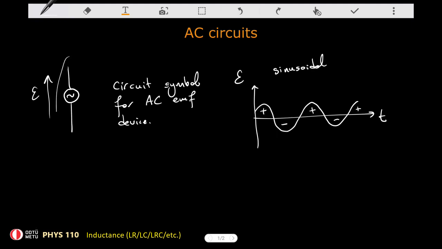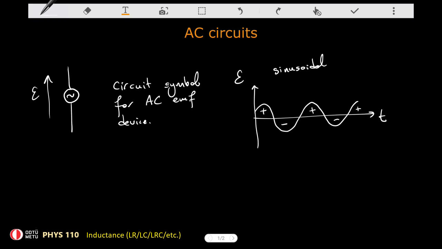That's our circuit symbol for the EMF device, an AC EMF device, of course. Now we are going to see what happens if I connect some circuit elements to these devices.